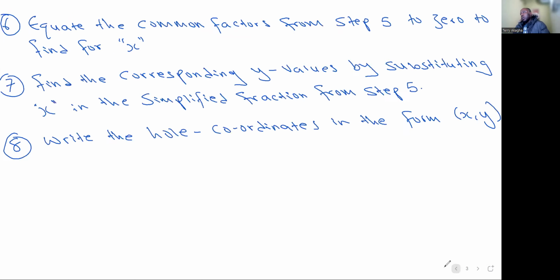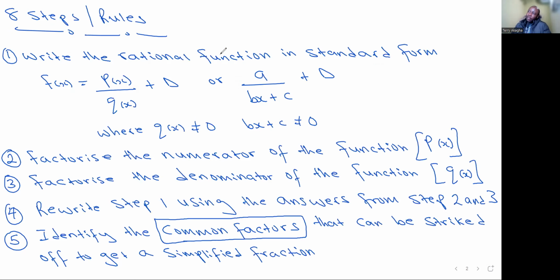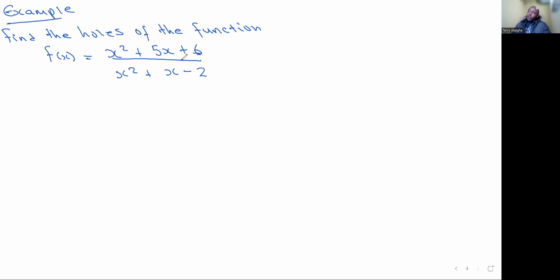So let's go. Step 1 is that we have to write it in standard form. The first thing we can see is that these are two polynomials, a ratio of two quadratic equations. P of x is a quadratic, and Q of x is also a quadratic.